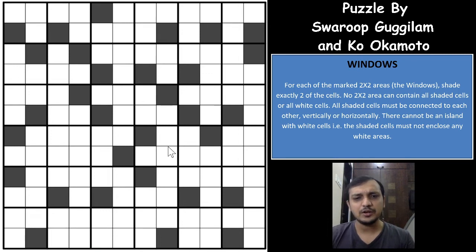I'll again brief you with the rules. All the shaded cells in the grid will have to be connected to each other. All the white cells will have to be connected to the edge. There will be exactly 2 cells shaded in a 2 by 2 region, and there cannot be 2 by 2 regions of wholly shaded cells or wholly unshaded cells. So these are the rules, and with that we will start solving the puzzle.